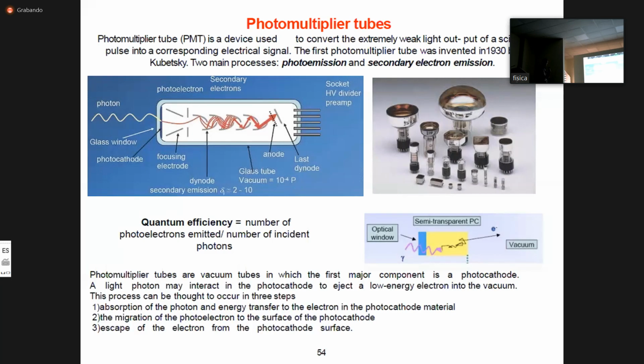Here you can see how this device looks. Different geometries, different sizes. You have small devices with a diameter of about half an inch, about 1 centimeter, and also large PMTs with diameters of about 20 inches, half a meter. It depends on the size of the detector or the application of the device.